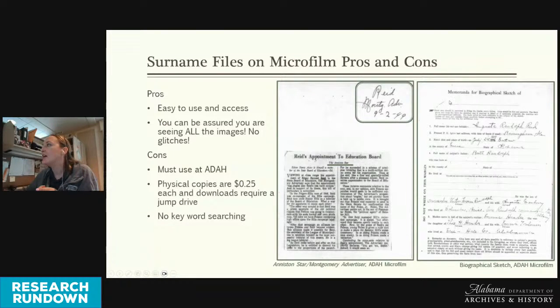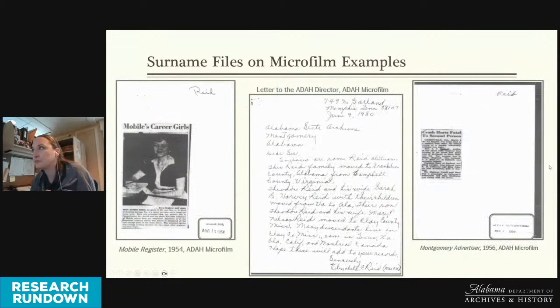This one over here is for Augusta Randolph Reed, and it's a biographical sketch where someone is filling out information about this person, and they're kind of telling whatever they know about that person. I was trying to find you different examples where you could see how different things could be in the surname files, as opposed to just obituaries and wedding announcements.